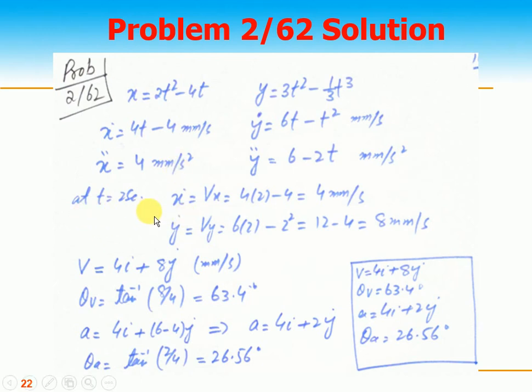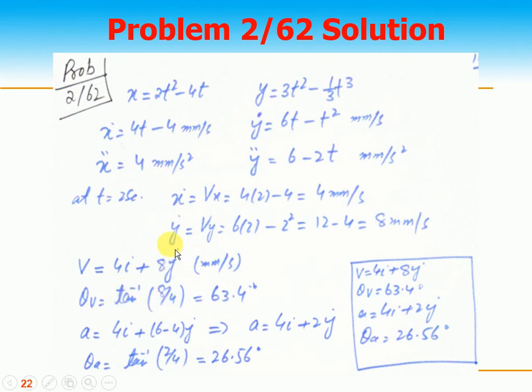So at t equal to 2 seconds, we put the value t equal to 2 in the velocity x, which gives 4 millimeter per second, and in the velocity y I get 8 millimeter per second. So the velocity vector is 4i plus 8j millimeter per second.